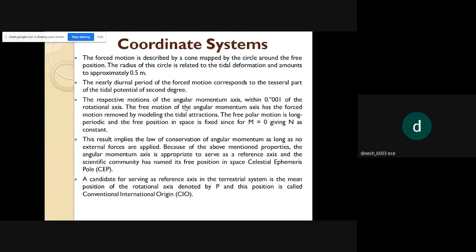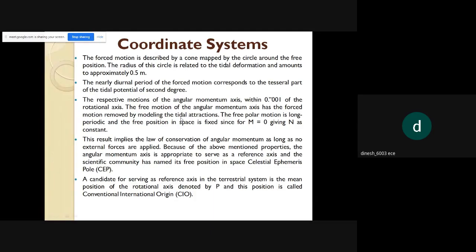We have a period of forced motion corresponding to the terrestrial part of the tidal potential, with a momentum axis within 0.001 of the rotational axis, the angular momentum axis being forced by the tidal attractions.